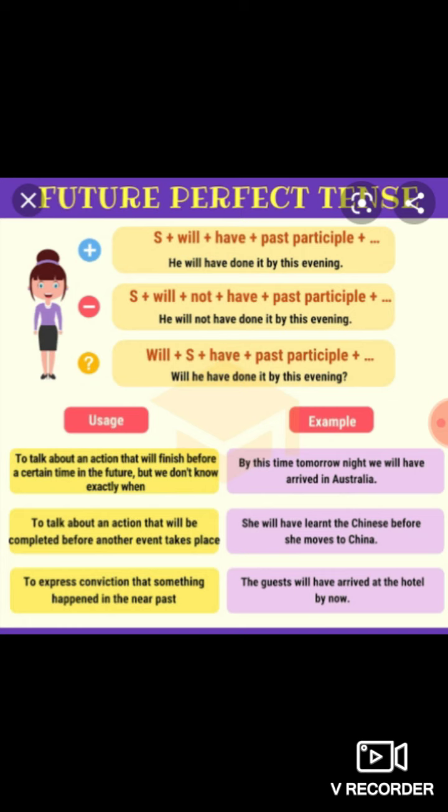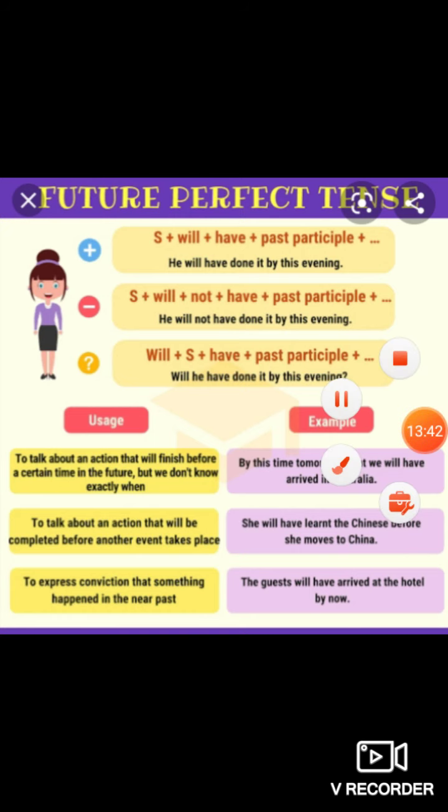And the third use of future perfect tense is to express conviction that something happened in the near past. The guest will have arrived at the hotel by now. To make an assumption that something happened in the near past. The guest will have arrived at the hotel by now.